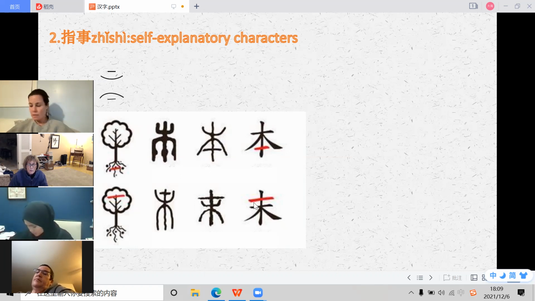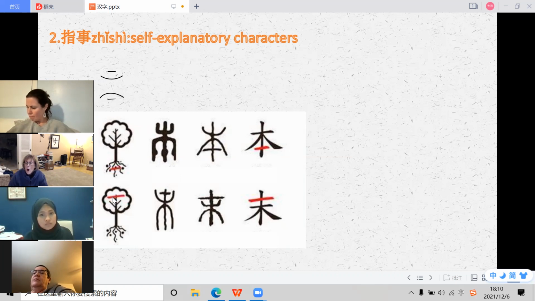And what's this? Not the leaves. It's the tip.